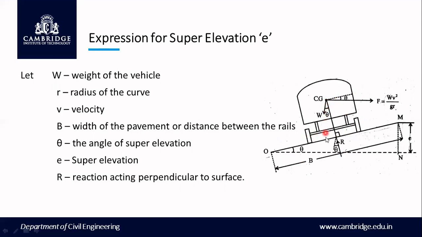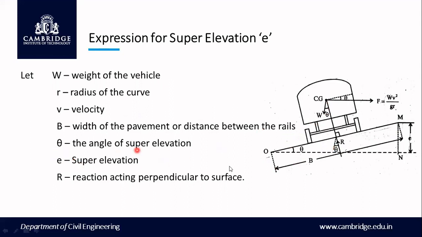Weight will always act vertically downwards, and here they have taken B to be the width of the road. So for this condition, W is the weight of the vehicle, R is the radius of curvature, and V is the velocity, B is the width of the pavement, or in general we can take it as the distance between the rails when it comes to the railway system.